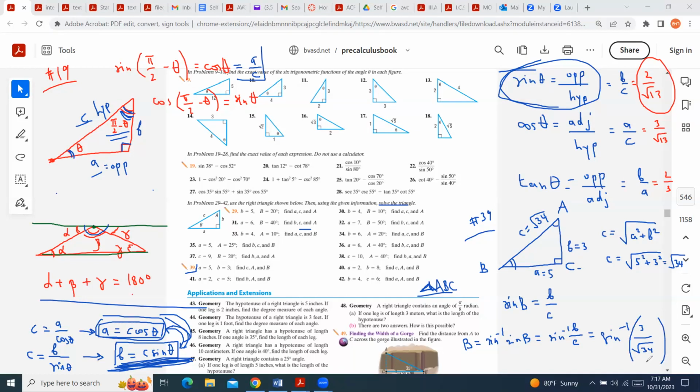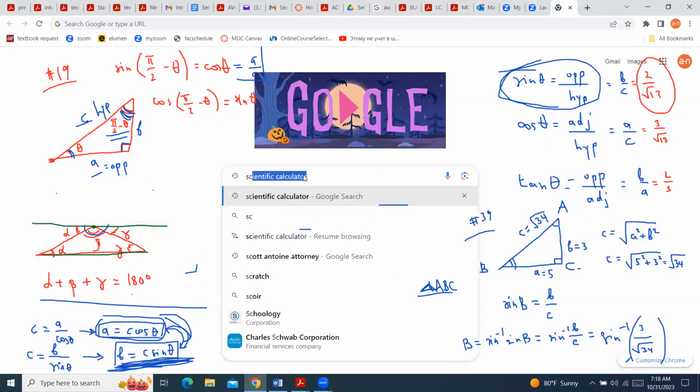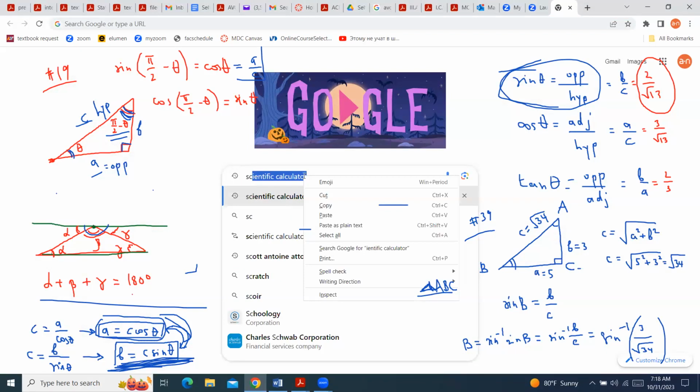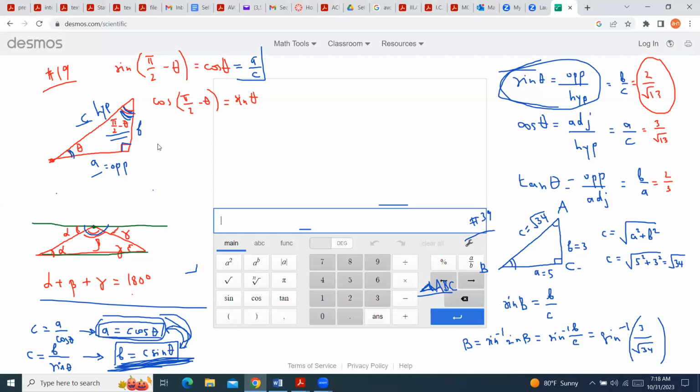Just make sure it's in the parentheses. And I'm going to use my favorite scientific calculator for that. So I'm going to start typing scientific calculator and choose it and use that Desmos, right? Choice 1.